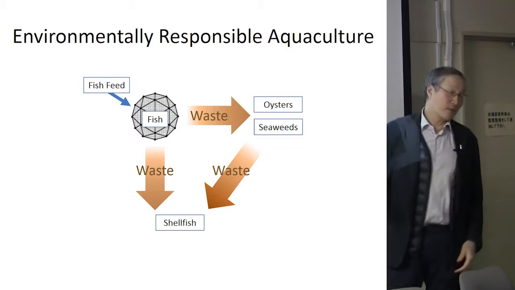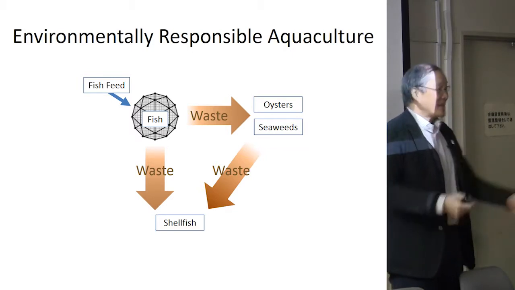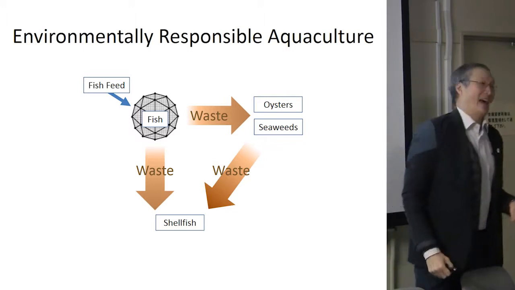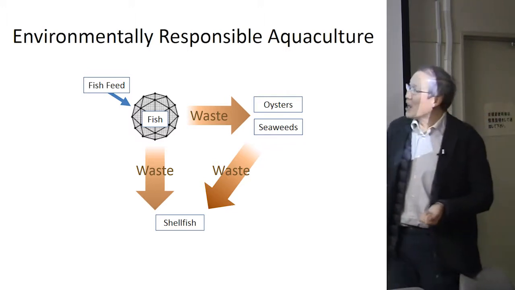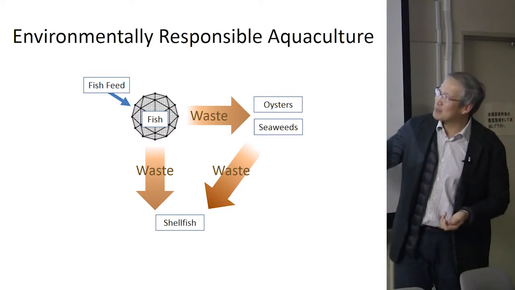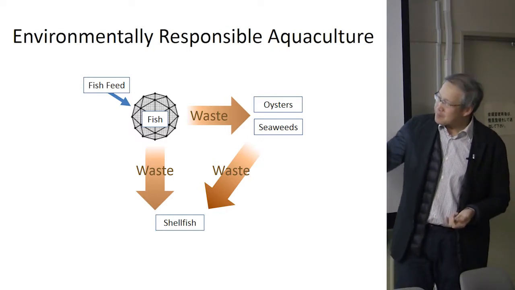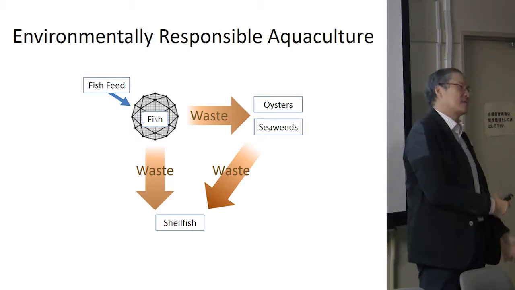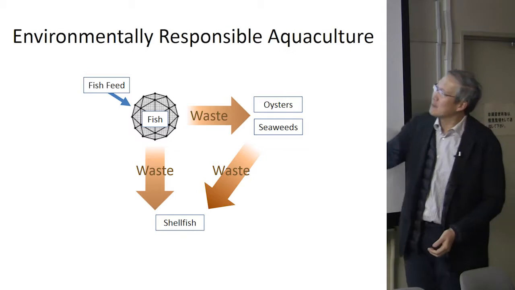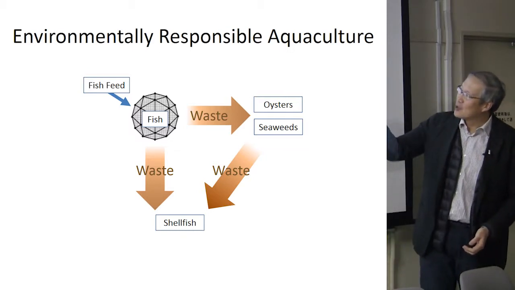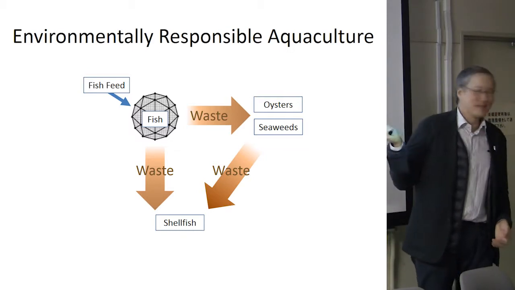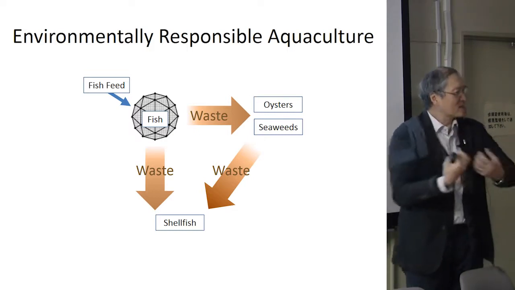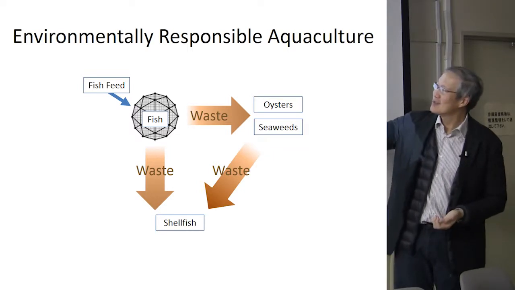Now, when these fish consume a lot of food, they also produce a lot of waste. Okay, we know that. Now, this waste is represented by the brown, and it can be used for something else. For example, in this case, you put some oyster culture, and these oysters can benefit from the waste produced by the fish.